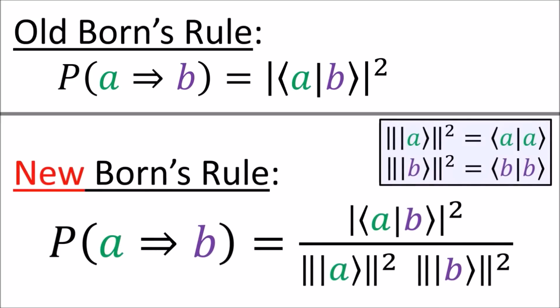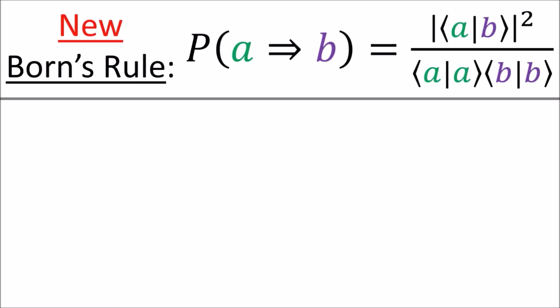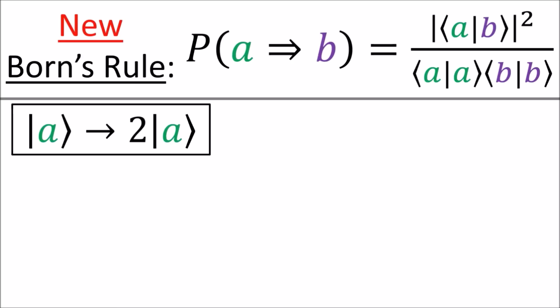This new version of Born's rule contains a division by the squared vector lengths, which normalizes both vectors to have a length of 1. With the new Born's rule, we can feel free to change the lengths of our state vectors as we like, as long as they are non-zero, because the new Born's rule will normalize them to 1 for us.